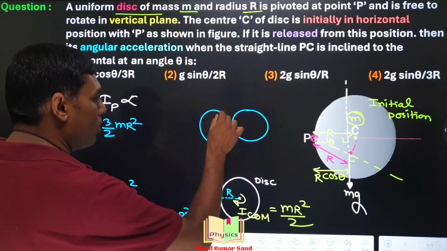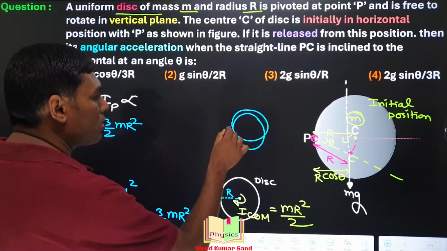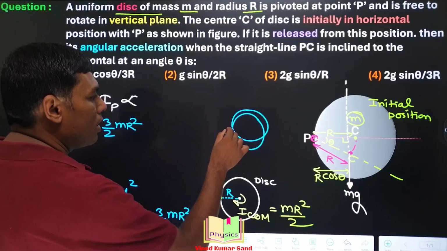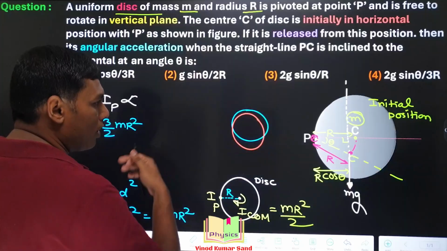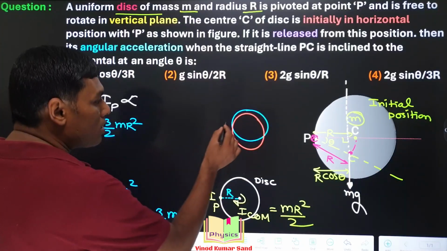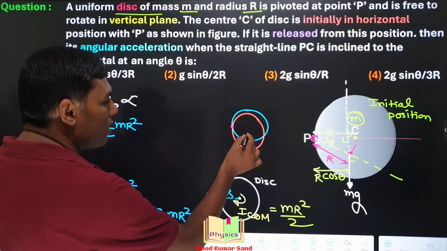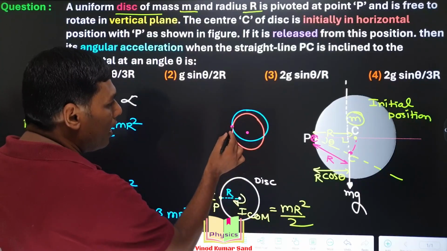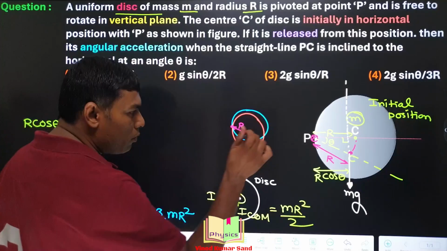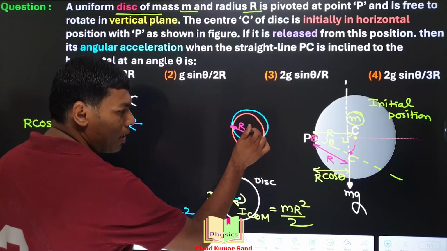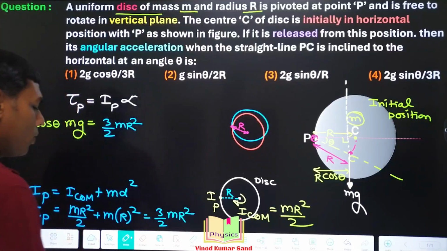I am orienting the disk, let's say after some time, about this hinge point. Here are the two positions. I'll show them with a different color for the sake of clarity. For this new position also, this is the center of the disk and this distance will be again R only. So the moment of inertia about this center is mR squared by 2 and we can find the moment of inertia about this point.